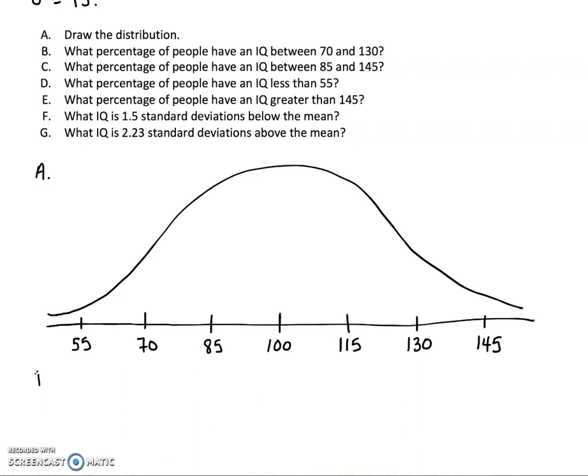So what percentage of people have an IQ between 85 and 145? Well, if we look, 85 is one standard deviation below the mean.